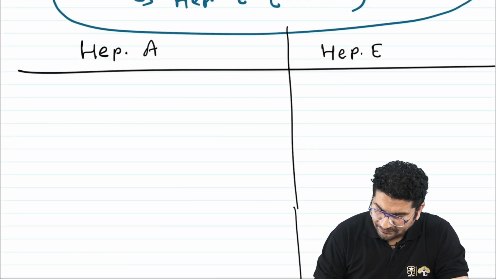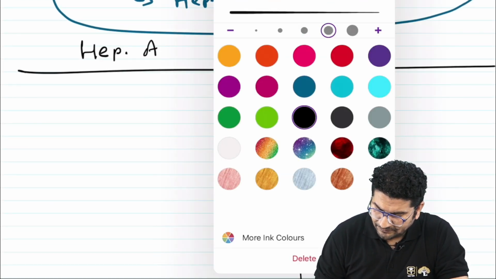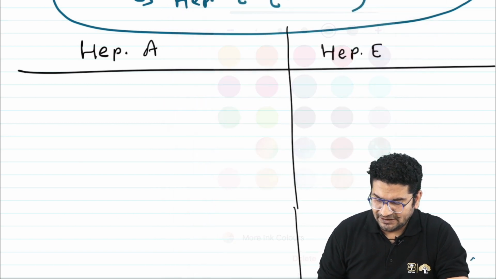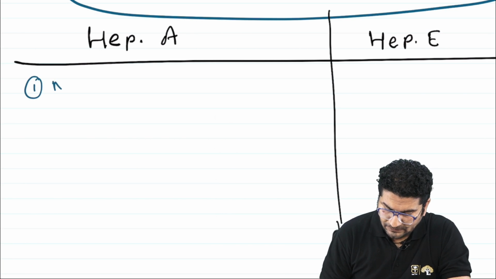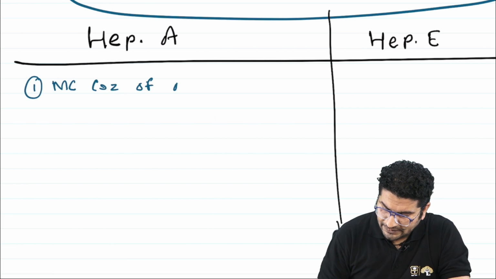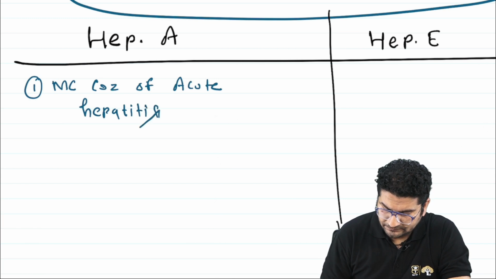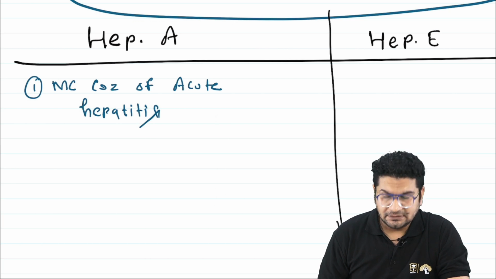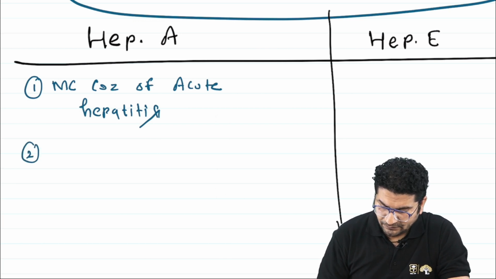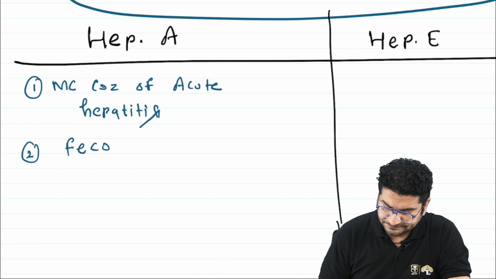I told you the name of the virus, family, everything, so I'm not going to repeat those things. What I'm telling you here is hepatitis A is the most common cause of acute hepatitis. The route of spread is fecal-oral.